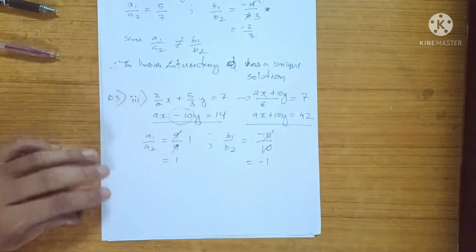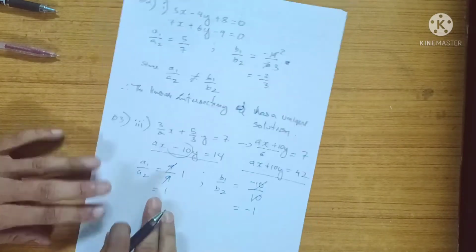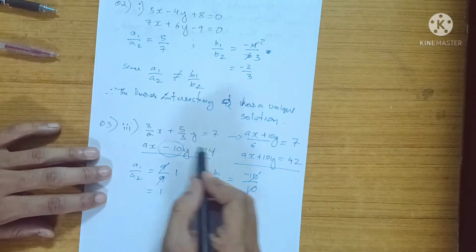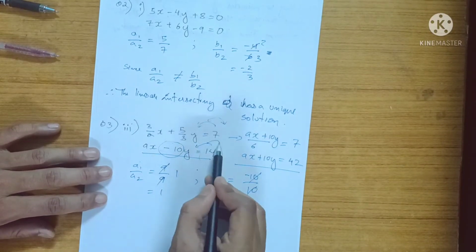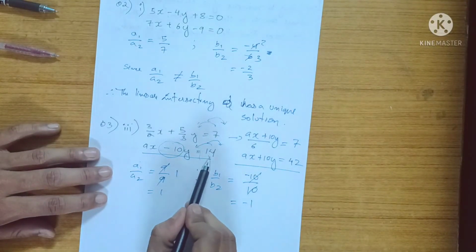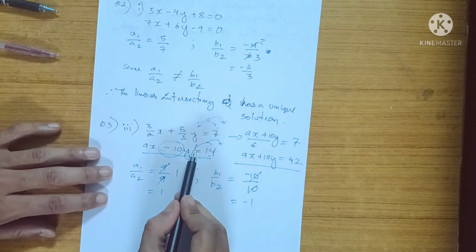Okay, so minus 10, so minus 10 is here. And yes, in case you're getting confused, the 7 and 14, it doesn't matter if it's this side or this side. Okay, but if 7 is this side, 14 should also be this side. You have to remember that.